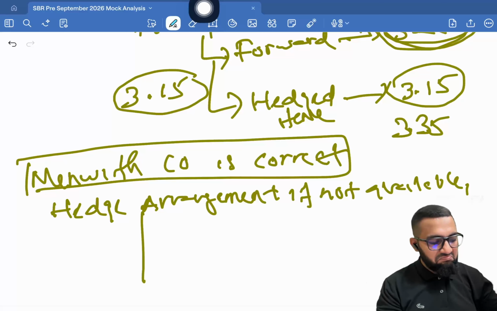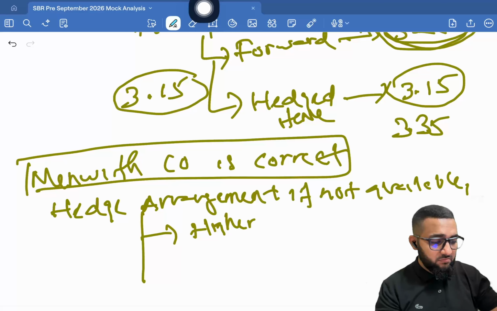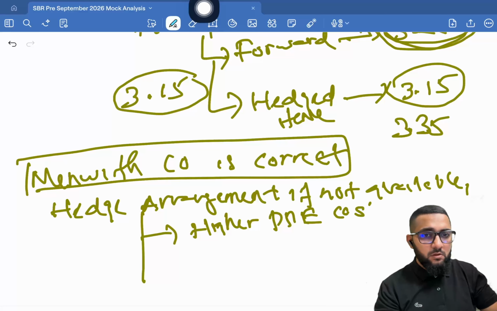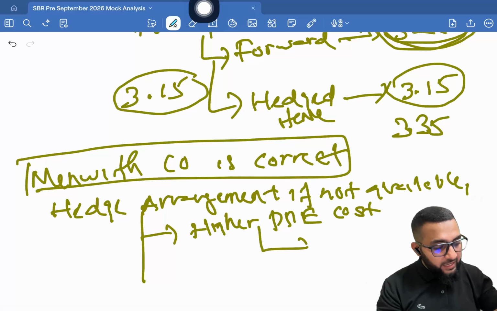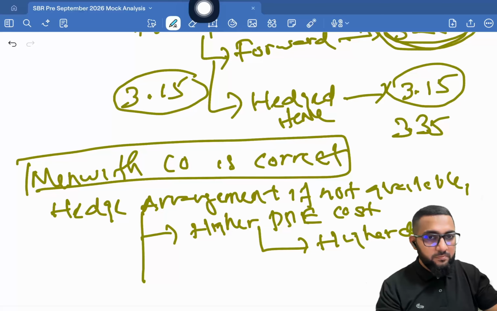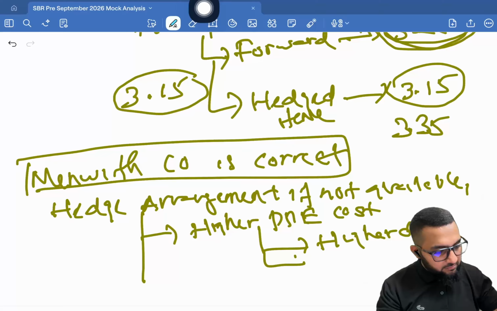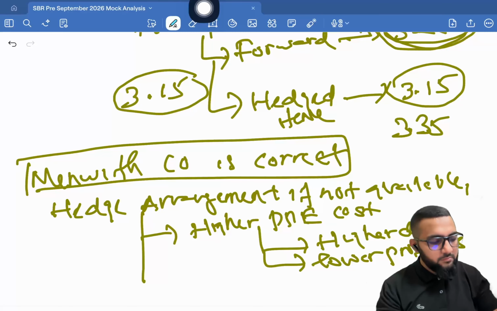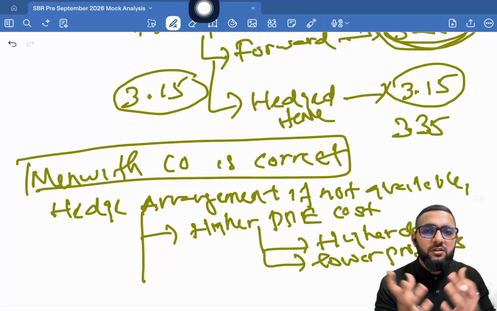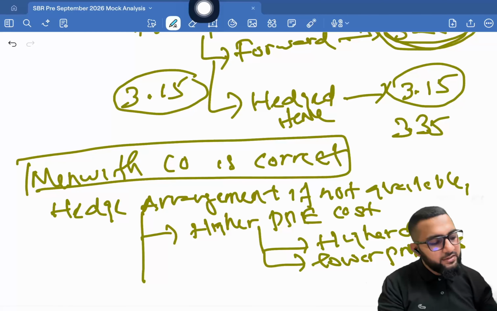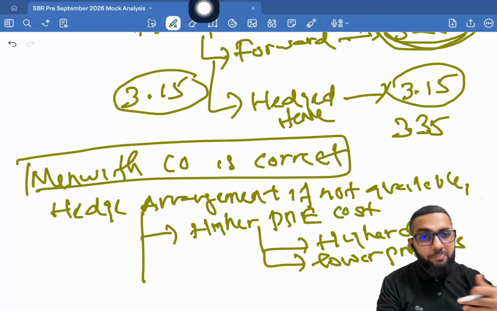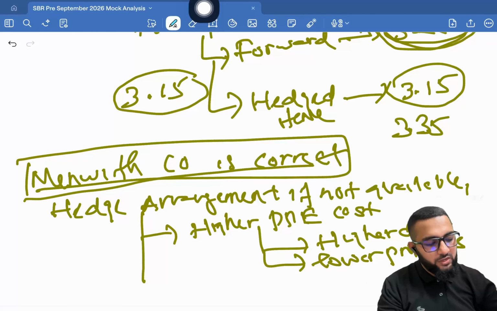So there is going to be higher PPE cost, and that would mean higher depreciation in the future, right? Then that would mean lower profits. All right, so that would be the issue. Now, although hedging is a choice, it's not a compulsion, it's not mandatory. It's a choice that Menvitco can make for risk management. Therefore, it's better to get into a hedging arrangement, which is why Menvitco is correct.